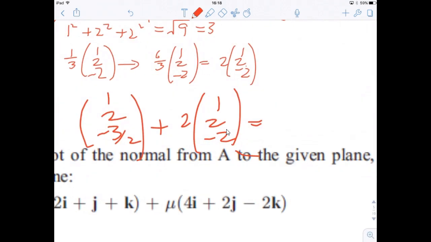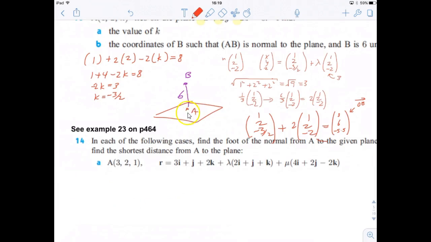And that'll be equal to 1 plus 2, which is 3; 2 plus 2 times 2, which is 6; and negative 3 halves plus negative 4, which is negative 5.5. And this will be OB, the position of point B. You could actually also find the point on the opposite side of the plane. So instead of putting 2 here, you could put negative 2. That's also a possible solution.